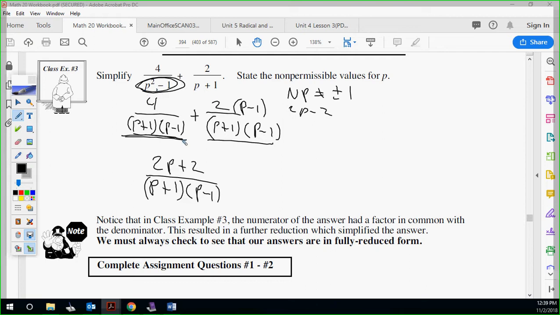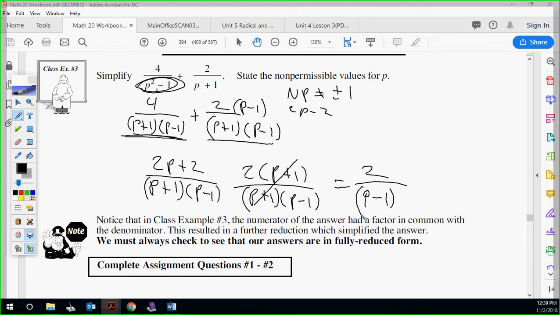Now the second thing that's really important is that this is an example where if I pull a 2 out, what's left? p plus 1 is good because it cancels. So that's the second piece here. You see that? And now your answer is 2 over p minus 1.